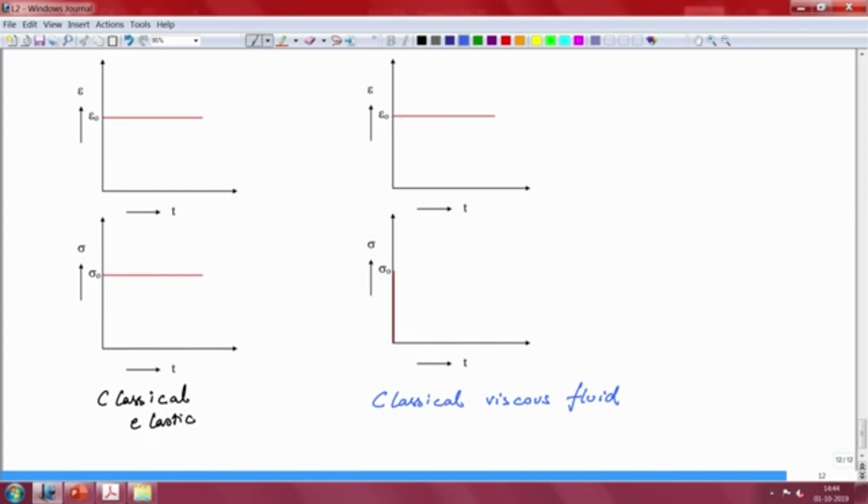But to hold on to this epsilon, or hold on to this strain, you do not require further stress. So, in your diagram, you now just have an instantaneously high stress response, but then it just goes back to 0. So, this is a very important difference between the two.